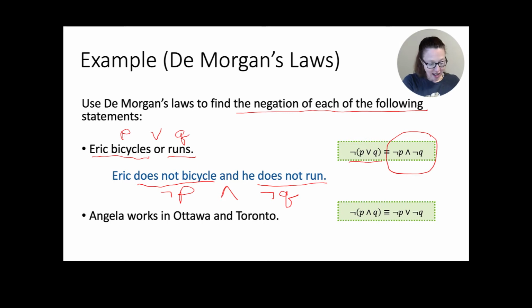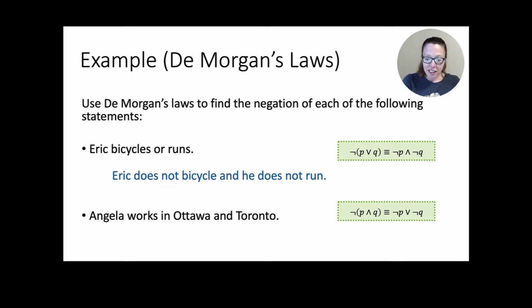Okay, let's do the same when we have an and in the middle. We'll break this sentence, Angela works in Ottawa and Toronto, down to Angela works in Ottawa and Angela works in Toronto.